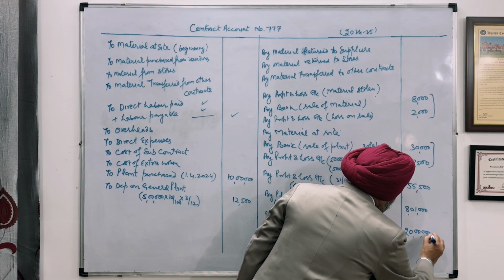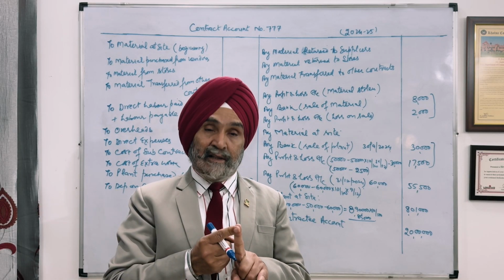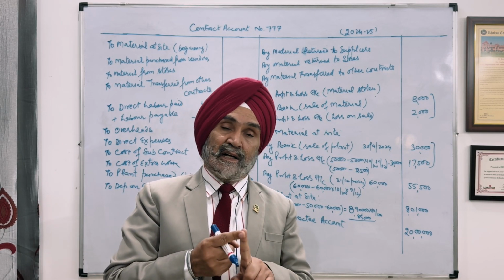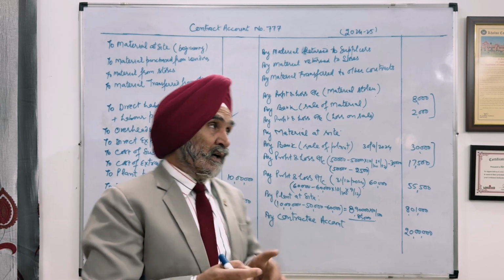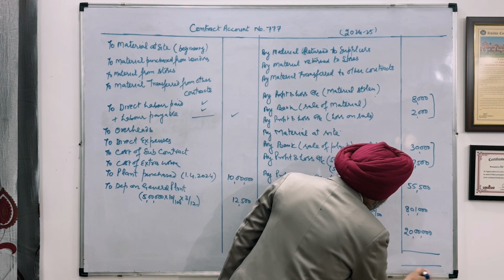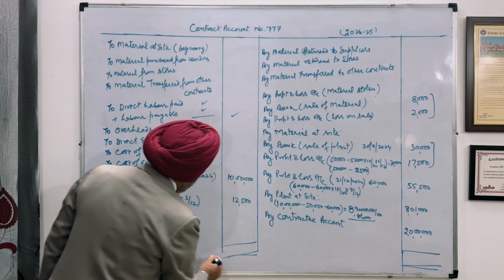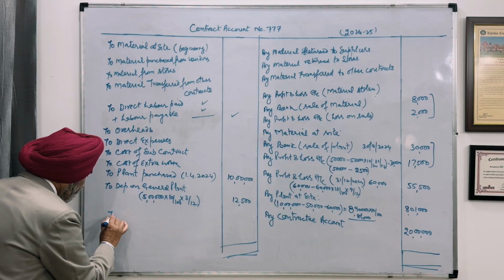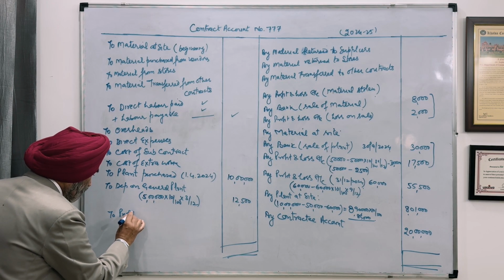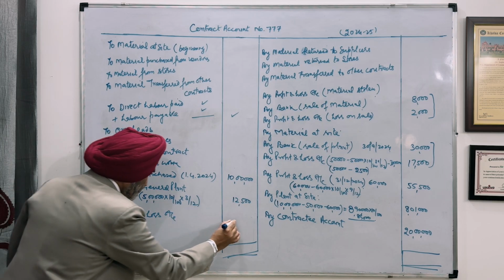So with the contract price, the entry will be passed, contractee will become a debtor, contractee's account will be debited. The difference of the contract account will be the profit or loss during the year. If profit, it will be transferred to profit and loss account. So this is a profit.